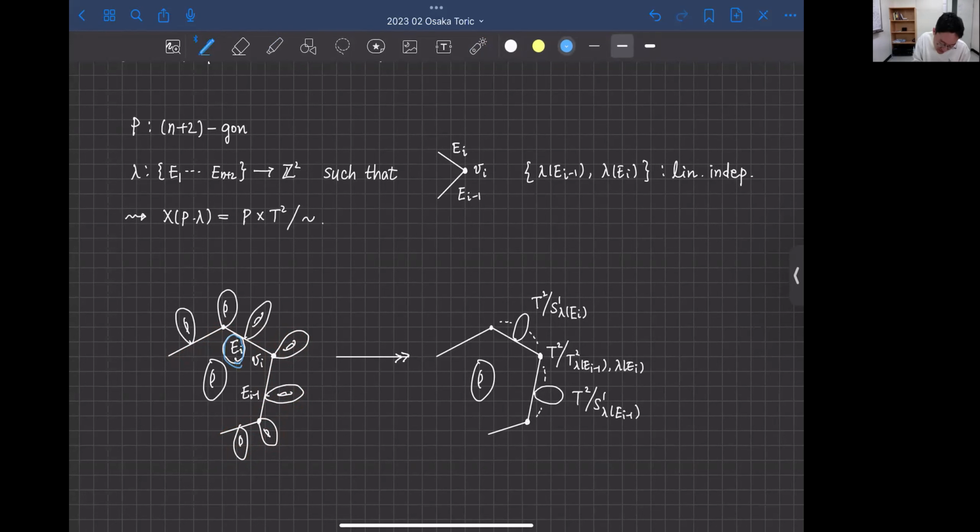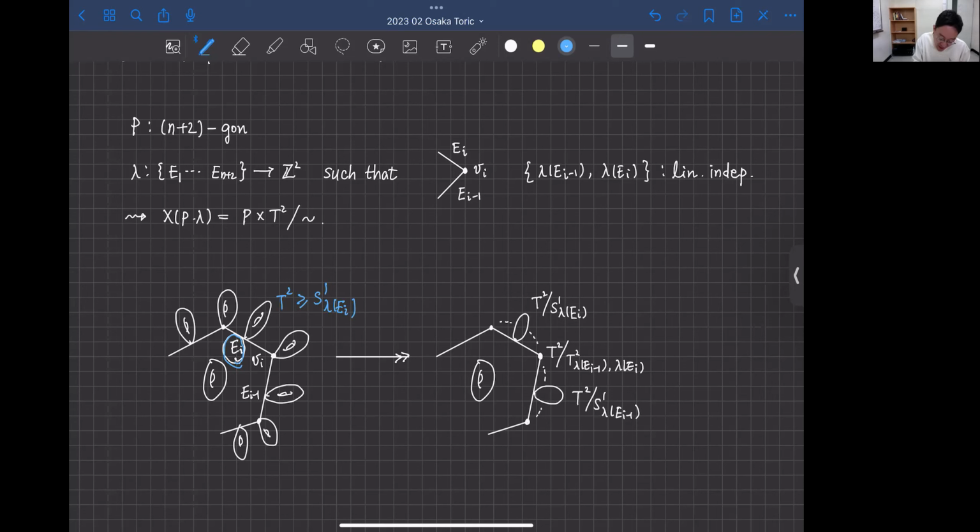If you think about this Ei, and this is a T2, then there is a natural circle subgroup generated by lambda of Ei, because lambda of Ei is a two-dimensional vector. So we can think of the circle subgroup corresponding to that particular direction.